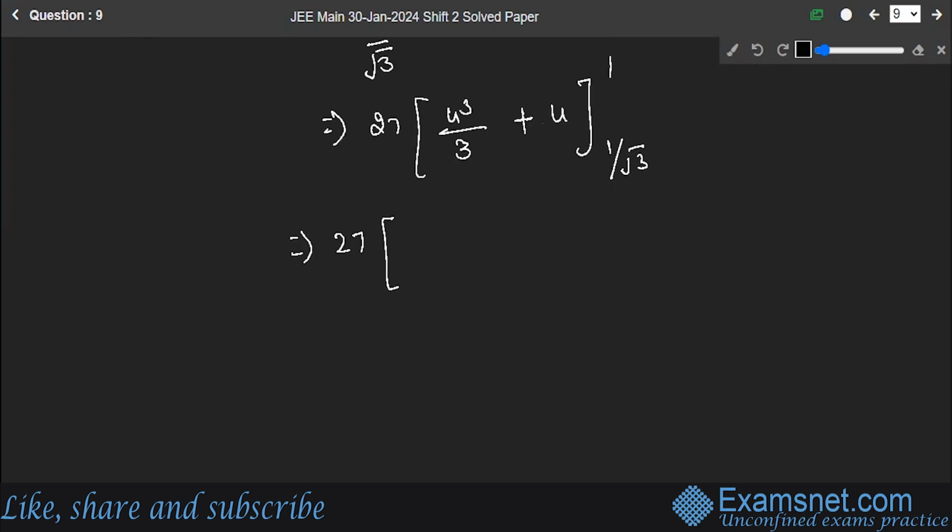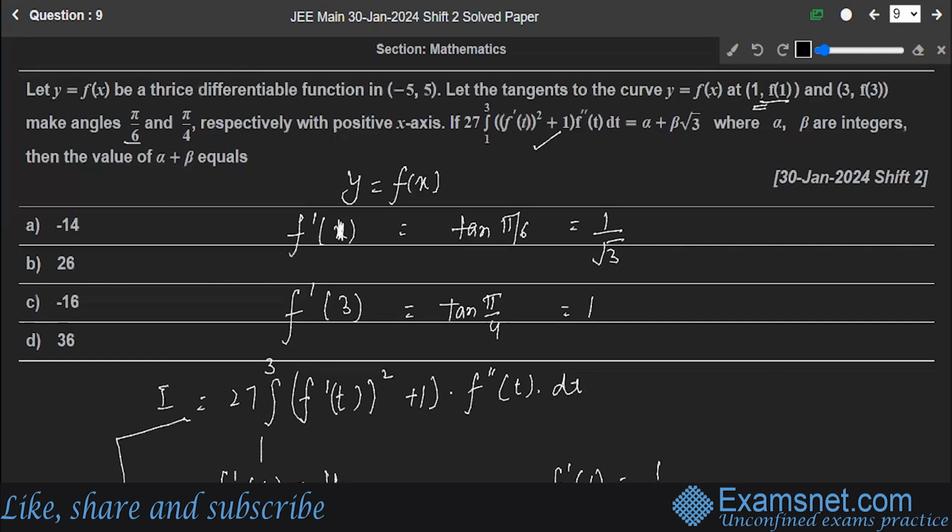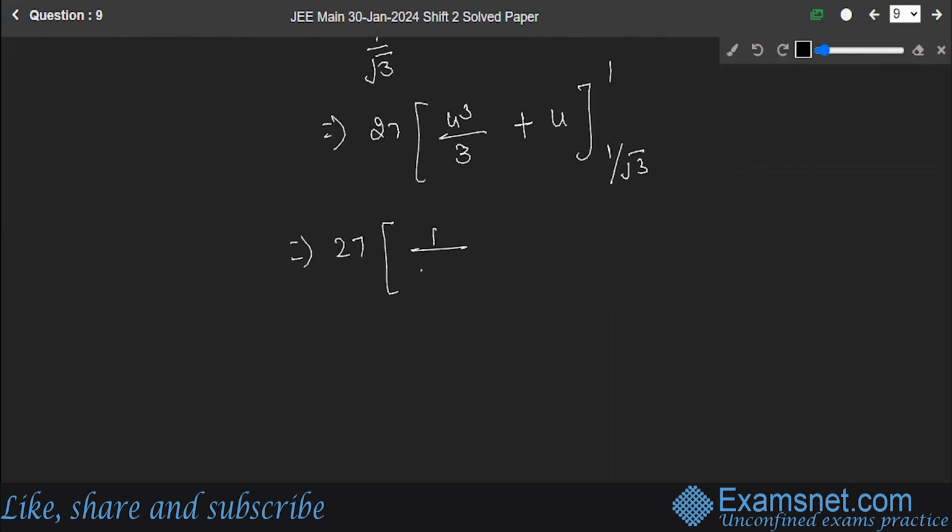This will give you 1 upon 3, right? Whenever anything confuses you, just fill in properly. So it was supposed to be, first of all, 1 upon 3 plus 1.